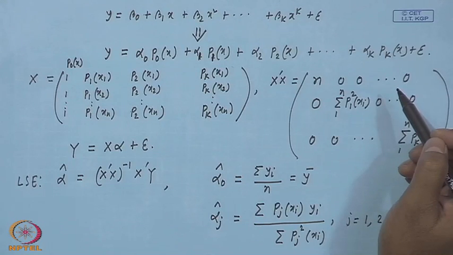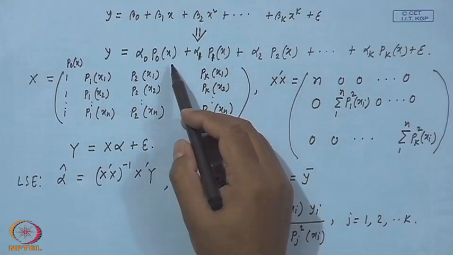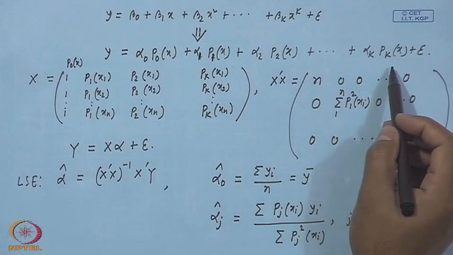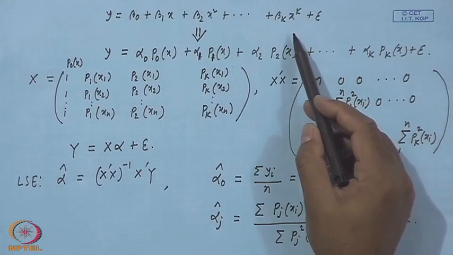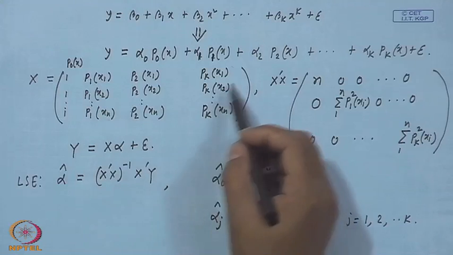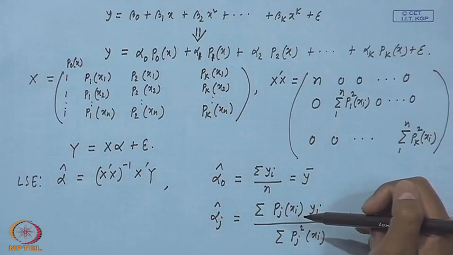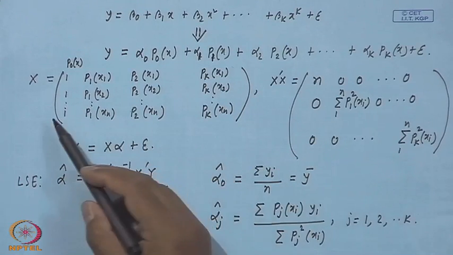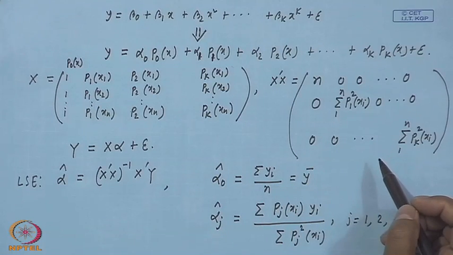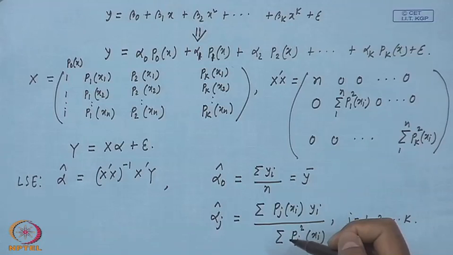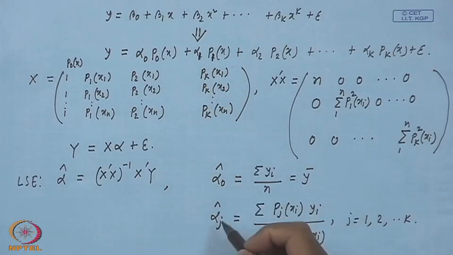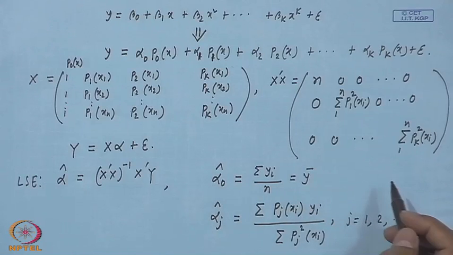This can be considered as a multiple linear regression model with k regressors, and here you can see the X matrix, which is the coefficient matrix. Once you have the coefficient matrix, you can compute X prime X, and then you can estimate the regression coefficients like alpha j hat and alpha 0 hat.